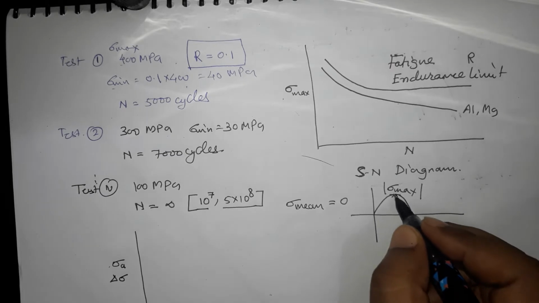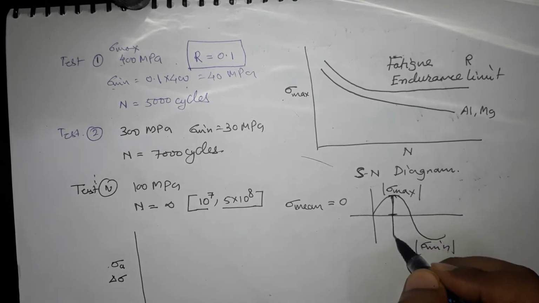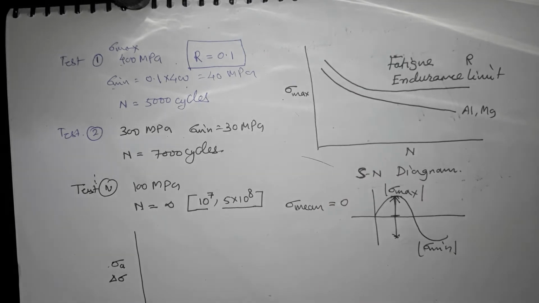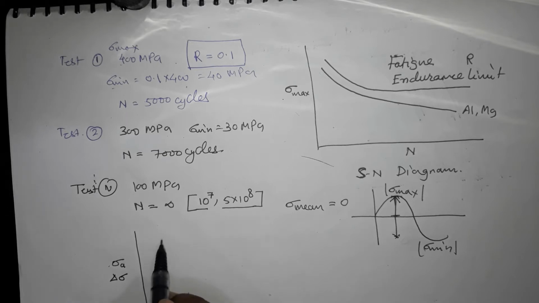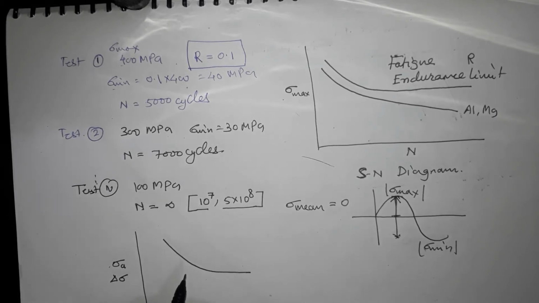So this is amplitude of stress, and delta sigma will be this dimension. Okay. So these are the two different ways of plotting the diagram, and in this diagram also you can have an endurance limit, but in this case you will have an effect of sigma mean value which will not be 0.